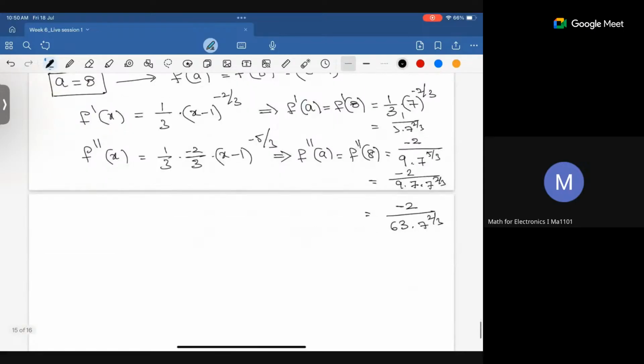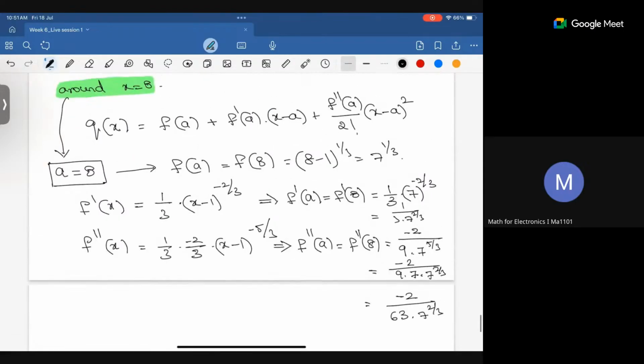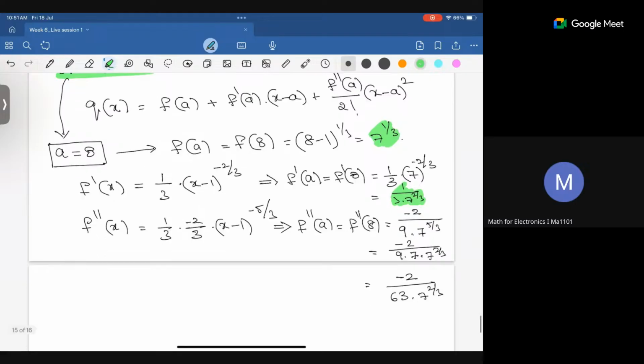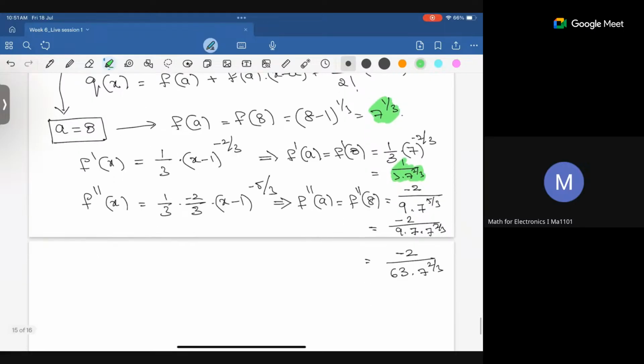This is correct, no? Any mistake did we do? This is f of a. 1 by 3 into 7 power 2 by 3 is f prime of a. And for f double prime of a, we are getting minus 2 by 63 into 7 power 2 by 3.